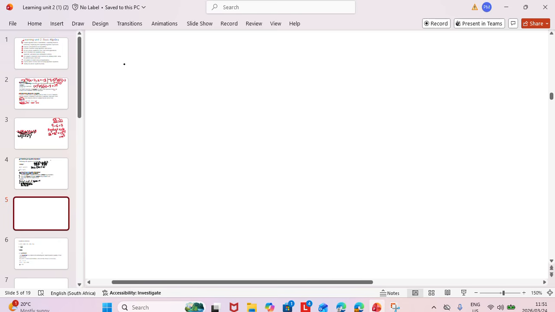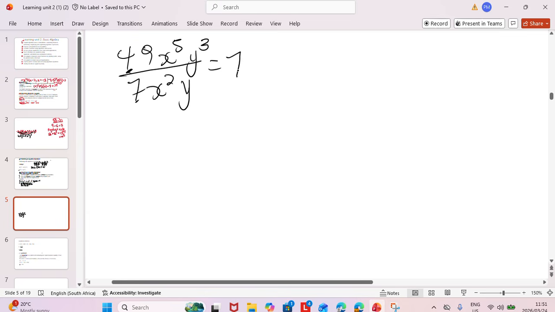For example, guys, if you are dealing with the following example, 49 x to the power of 5 y to the power of 3 divided by 7x squared y. Okay, so the only thing that you need to do here is to just divide. The 49 divided by 7, you're going to get 7. X is to the power of 5 divided by x to the power of 2.